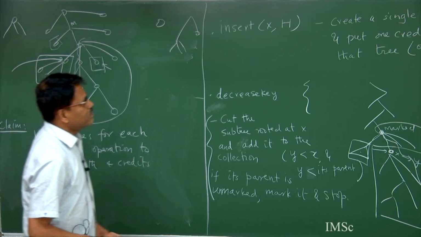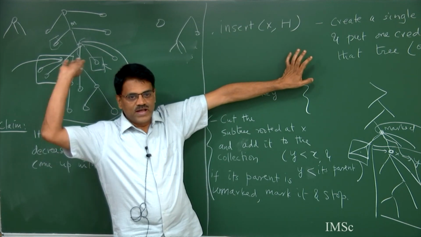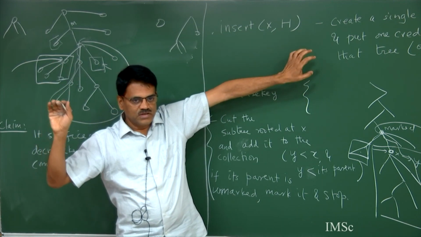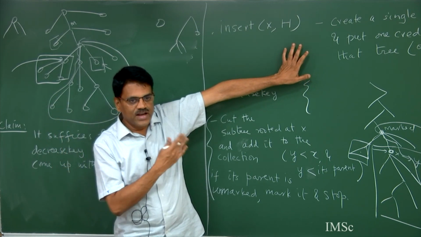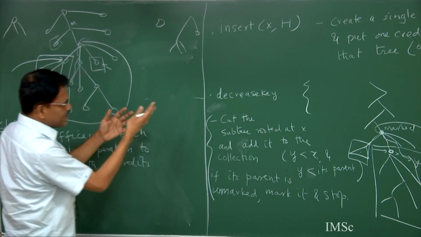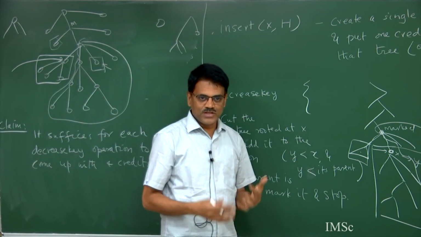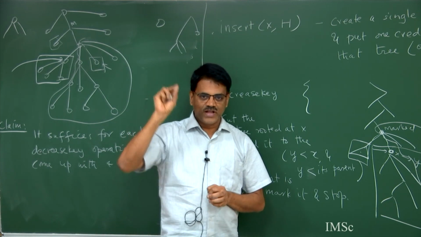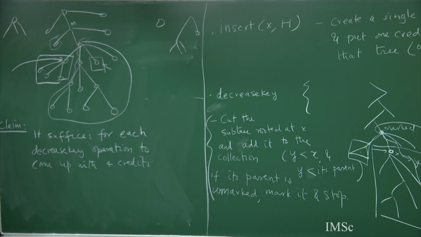One more thing: like what we did for insert, whenever I create a tree, I'm going to put a credit on that, because somebody else later on will do some cleanup operation. For that, I need to put some credit on the tree. So the invariant I want to maintain is that every tree has a credit. The decrease key operation, which is creating all these new trees, makes sure it comes with enough to pay for a credit on each of these new trees as well. And I claim that these 4 credits are enough.